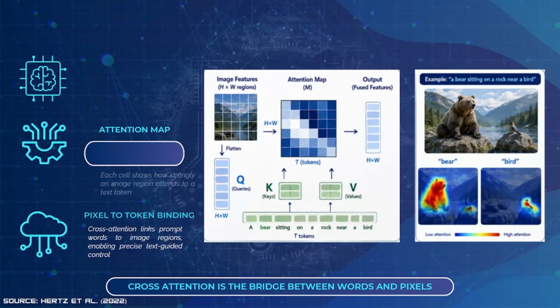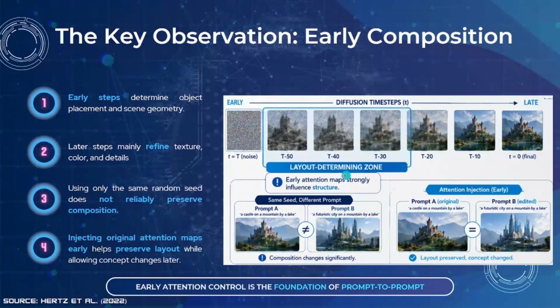So, moving on to the next slide. The key observation: the authors made an important observation about the diffusion process. At the top of the slide, the timeline begins on the left with random Gaussian noise and gradually moves toward the final image on the right.